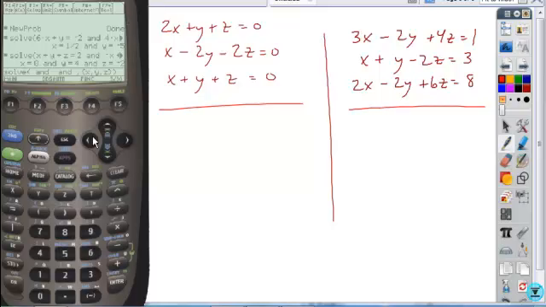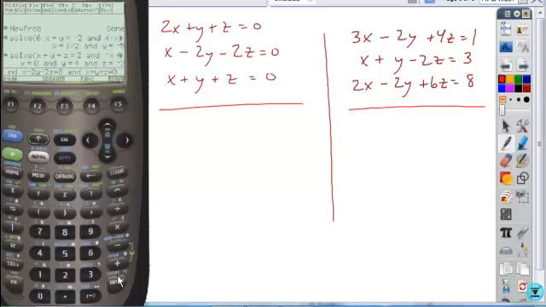All right, so if we start typing the equation in, our first equation is 2x plus y plus z, set that equal to 0. Second equation, x minus 2y minus 2z, that's equal to 0. And then finally, x plus y plus z is equal to 0.